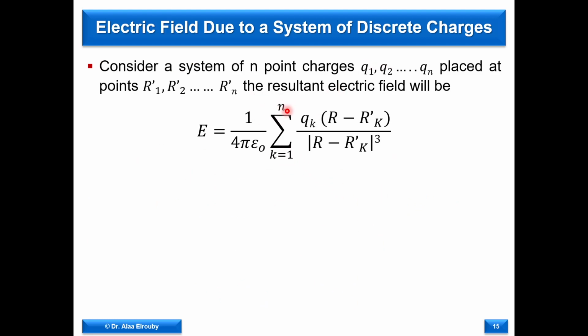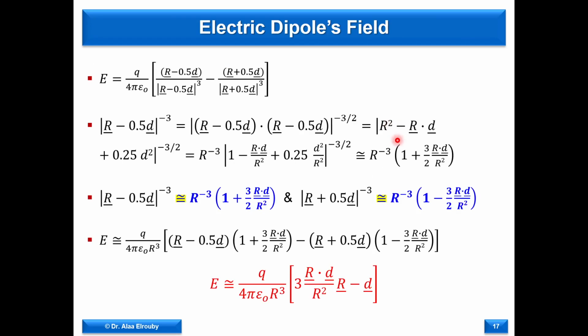We have just 2 charges, and Q is constant, because the positive and negative charges have the same magnitude, just with opposite sign. R is the arbitrary observation point, R prime 1 is the position of the first charge, and R prime 2 is the position of the second charge. So let us apply.